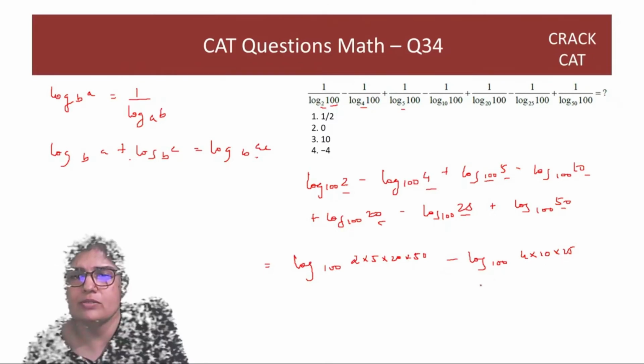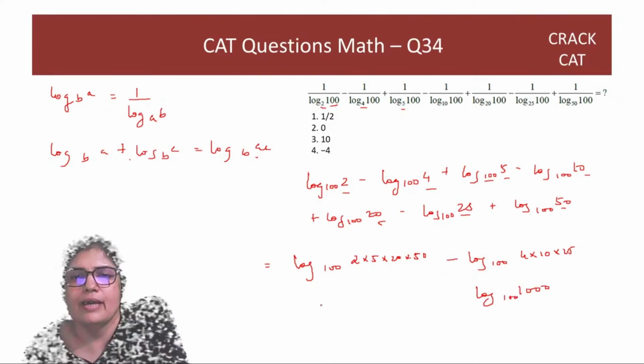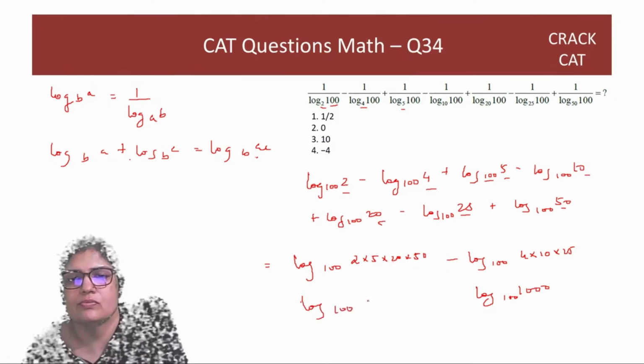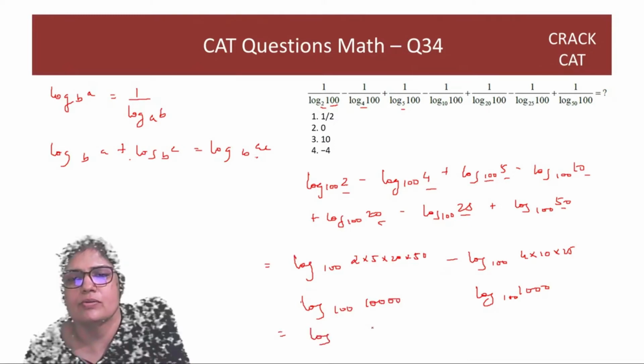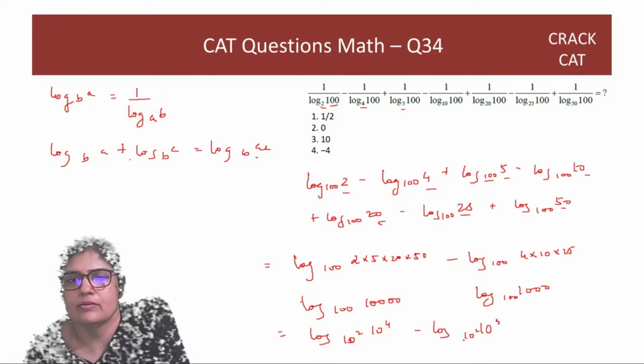So this is 1000. And this is 10,000. So I can write this as log of 10 raised to 4 to the base 10 square minus log of 10 cube to the base 10 square.